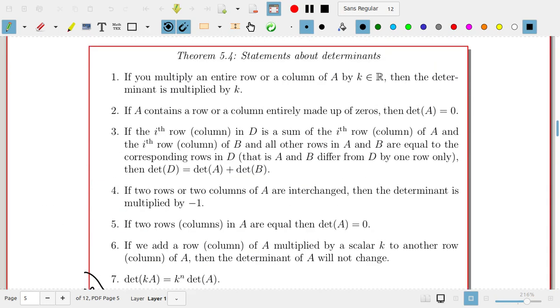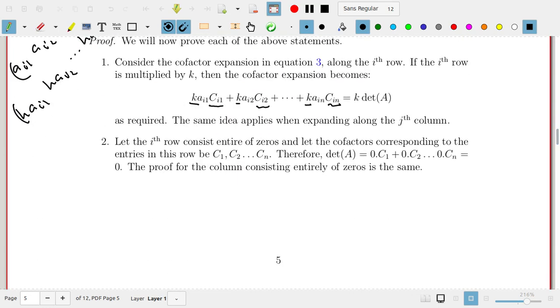The second identity is if A contains a row or column made up entirely of zeros, the determinant of A is 0.